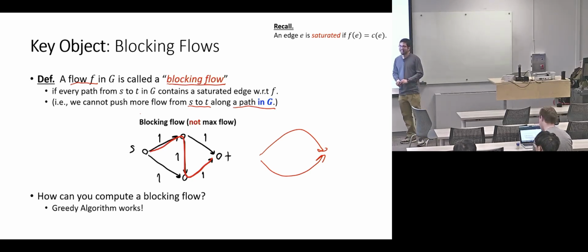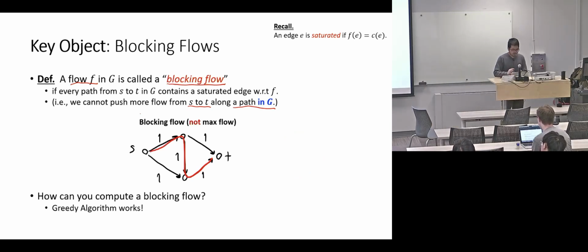You just know that you cannot augment whatsoever, even if you allow yourself to cancel. So blocking flow is a weaker thing than max flow, but if you get max flow, then it's a blocking flow as well. Okay, I see.